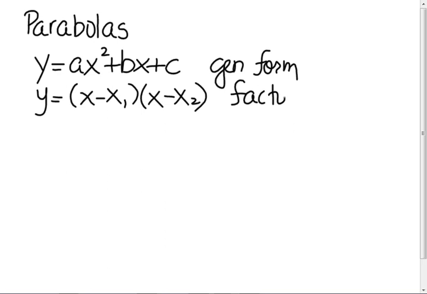What two numbers did you multiply together to get that equation? And x minus x1 is just a number. In this case, the a is 1, but that's okay. In other words, it's some number times another number. That's all it is. It's factored.